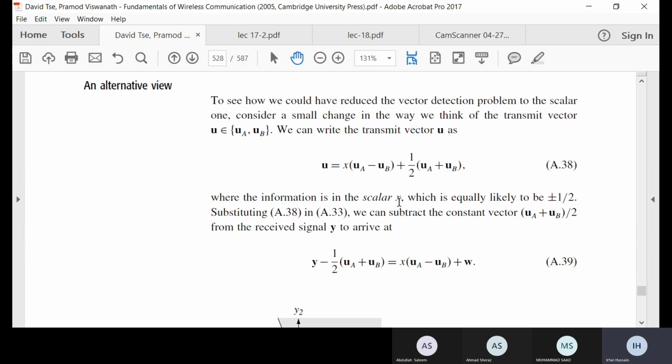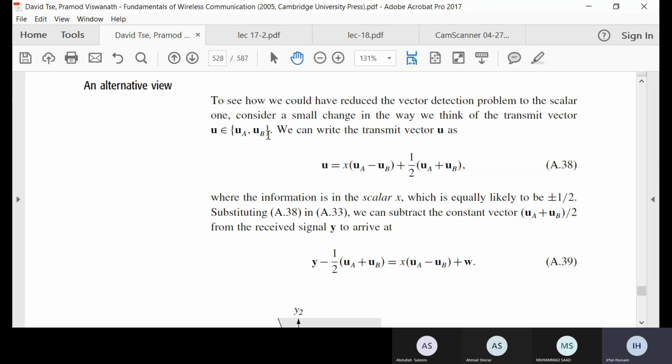Or in other words, if x is equal to minus half, then you can very well see that UA will cancel and minus minus plus half and plus half, this will become UB. So we can just say that the information is in x, and if we are able to detect x, we can just find whether UA was sent or UB was sent.